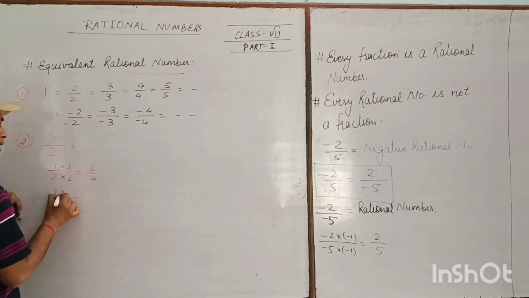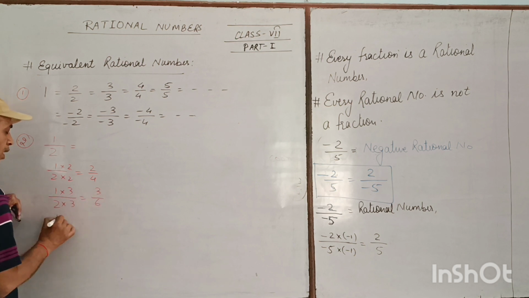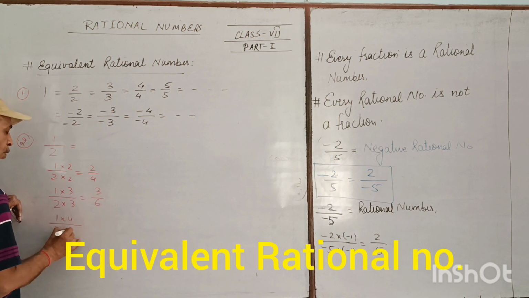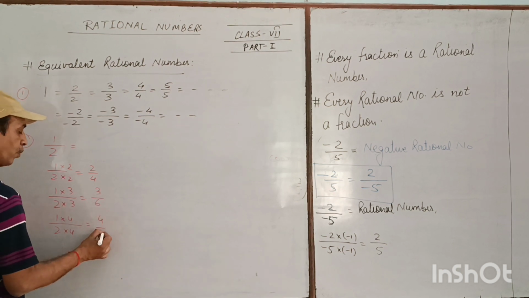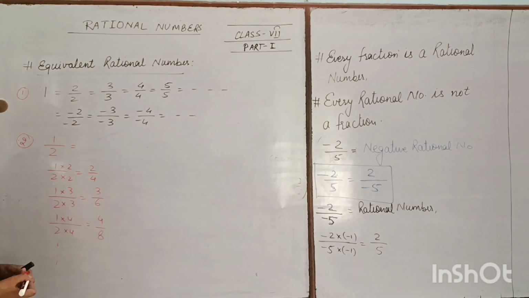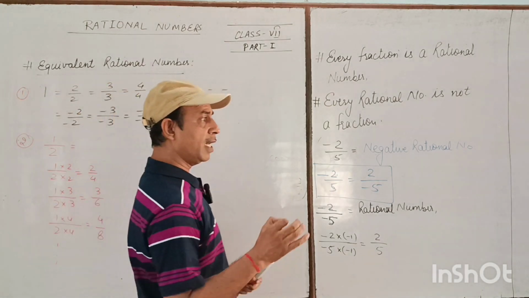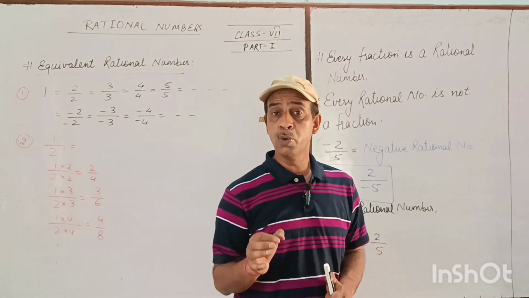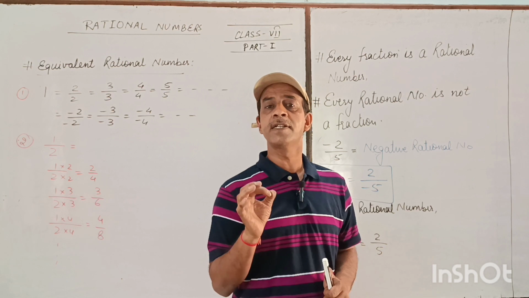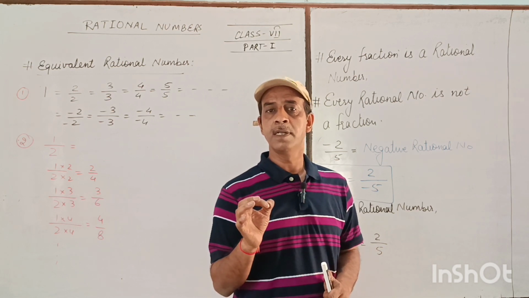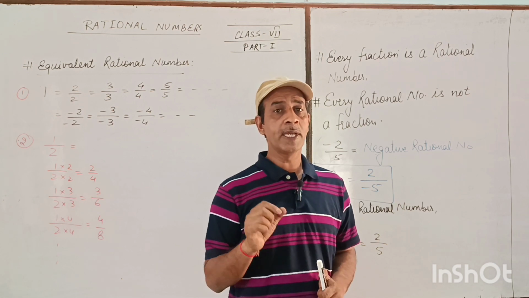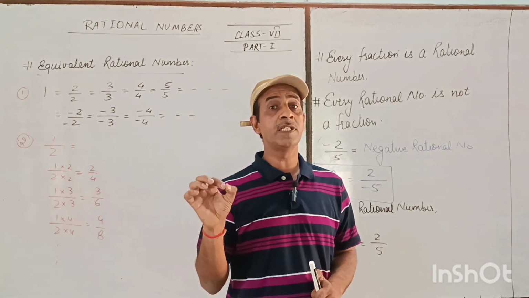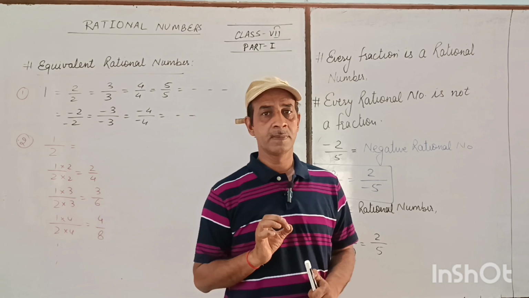If you multiply its numerator and denominator by 3, you will get 3 upon 6. If you multiply its numerator and denominator by 4, you will get 4 by 8, and so on. That means you can multiply numerator and denominator of 1 by 2 by infinite integers. But one thing you have to note is that they should be non-zero integers.